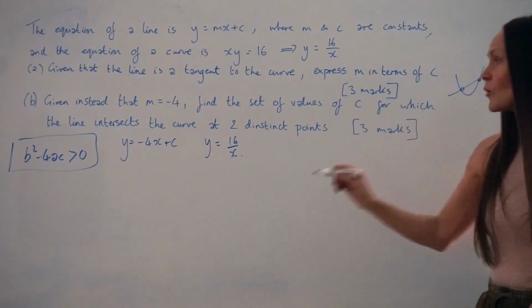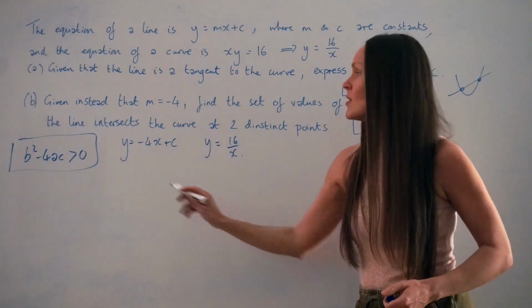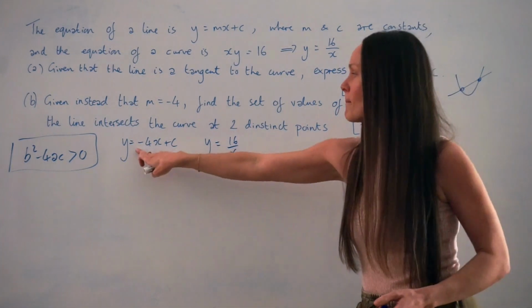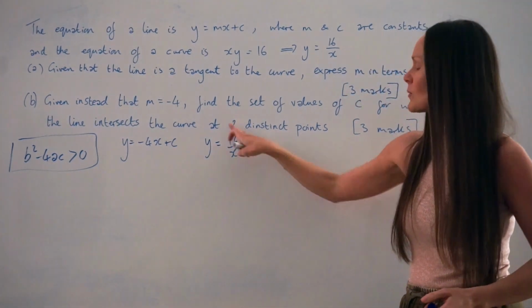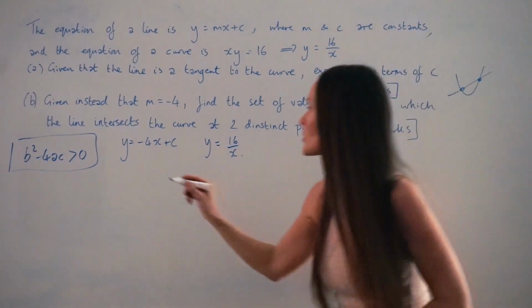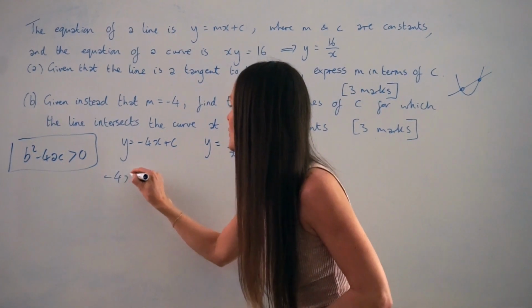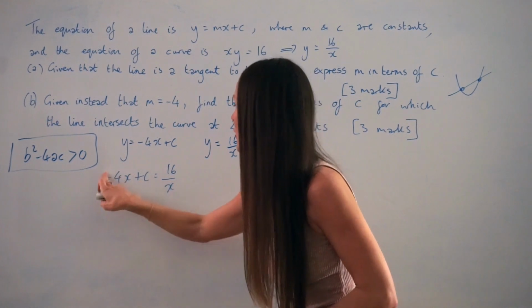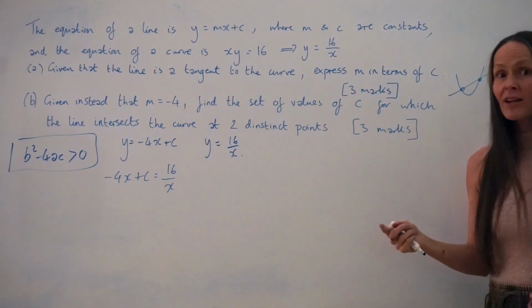Okay, so if I'm solving the simultaneous equations here, they're both organized so that y is the subject. So I know that minus 4x plus c has to equal 16 over x. So I'm going to start by writing that down: minus 4x plus c equals 16 over x. Okay, so first I want to get rid of this fraction here.